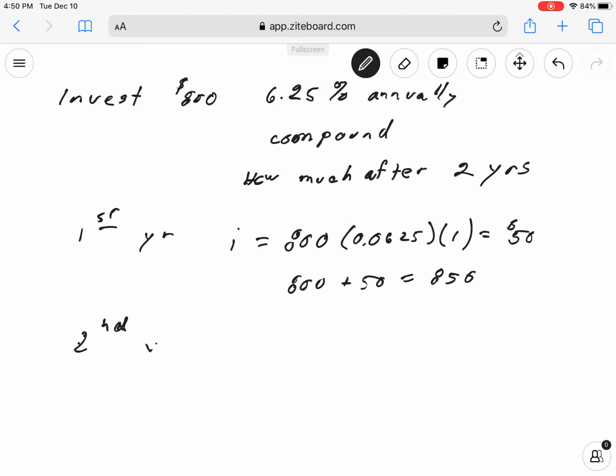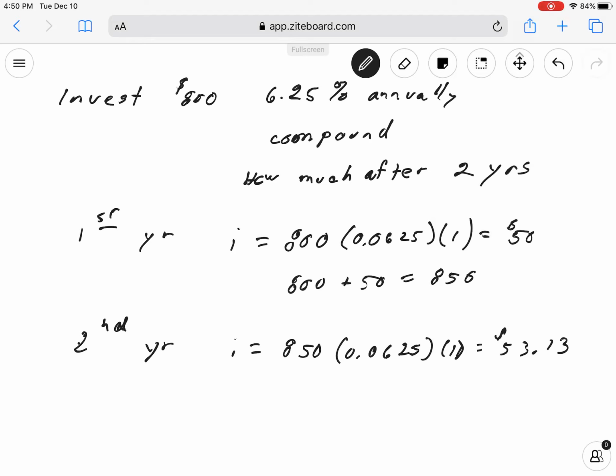Second year, I want to calculate my interest earned. So I start with my 850 that's in there. It's still earning at a rate of 6.25% for another year. And so 850 times 0.0625 times 1, and that is $53 and say 13 cents.